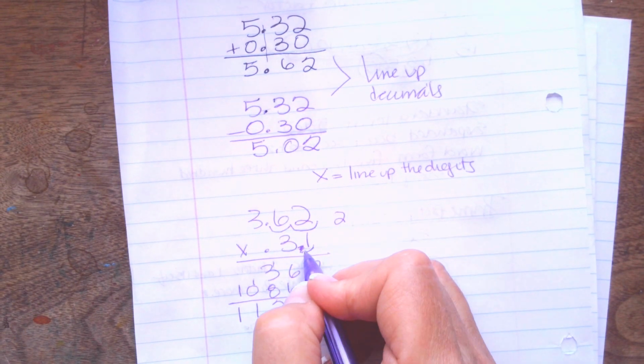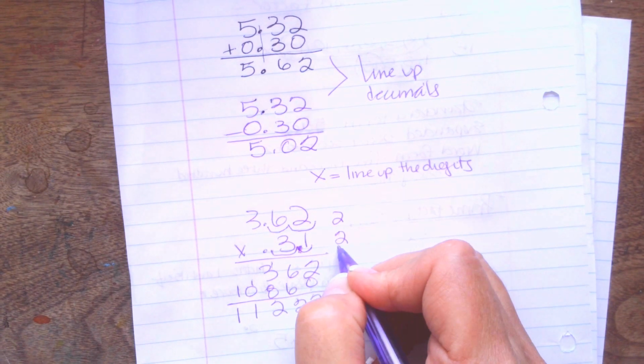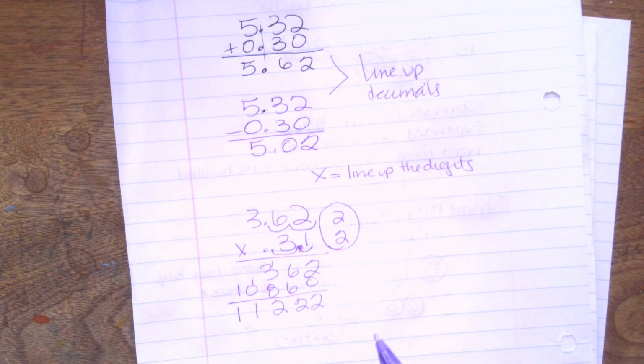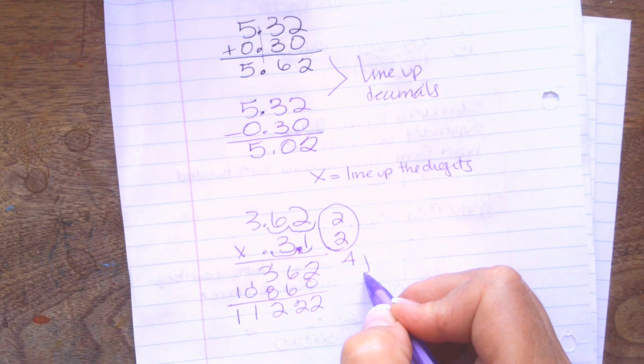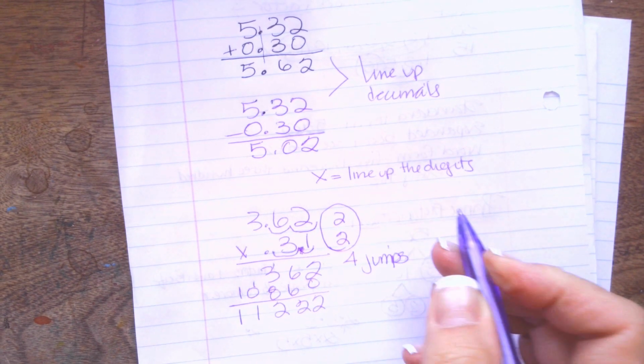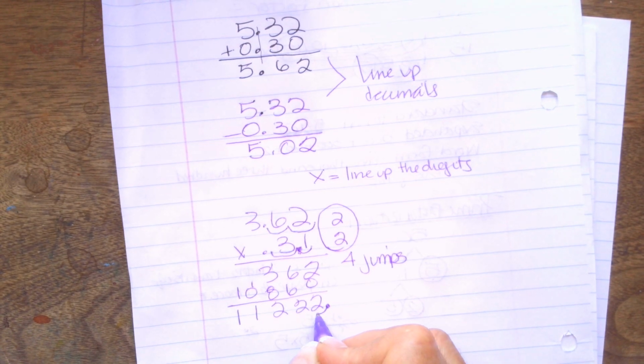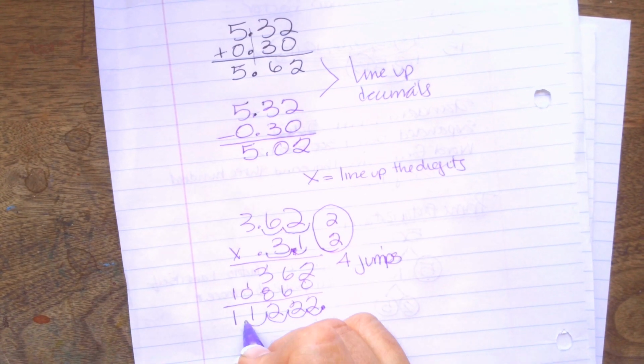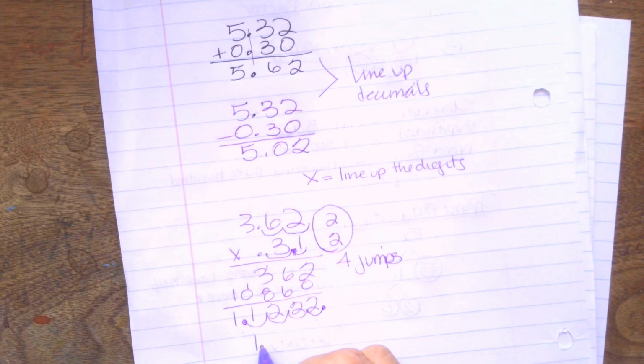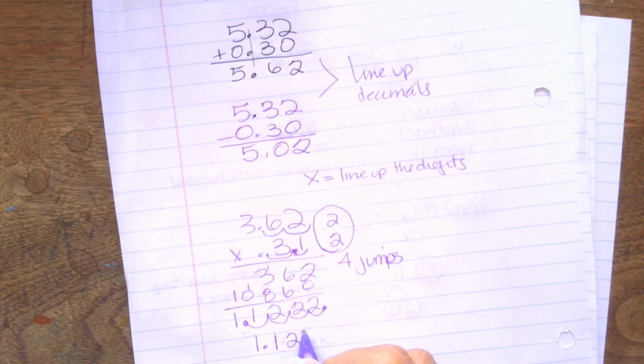And then this one is 1, 2. So we're going to add this up. This is 4 jumps, right? So I'm going to put in my imaginary decimal here, and I'm going to go over 1, 2, 3, 4 jumps. So this number becomes 1.122.